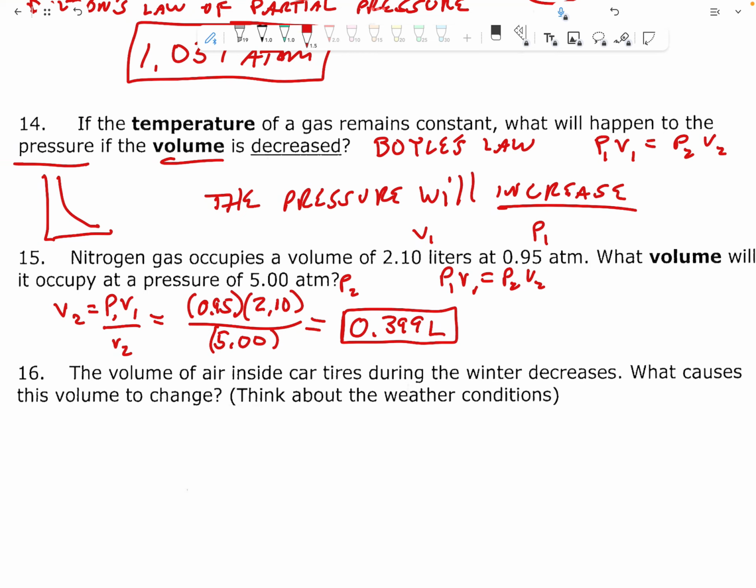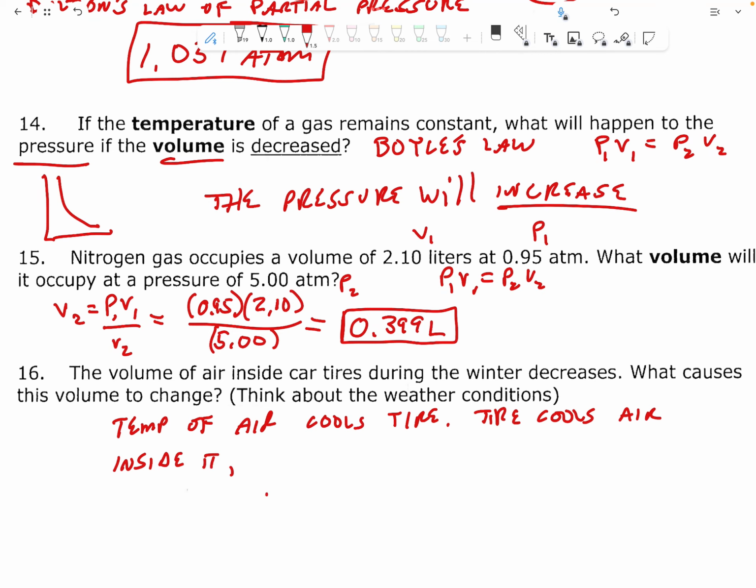So the reason that happens is the temperature of the outside air cools the tire, and when it cools the tire, it cools the air inside it, and the volume decreases.